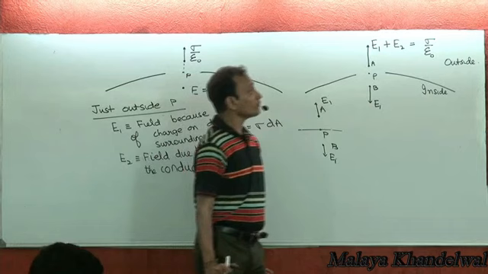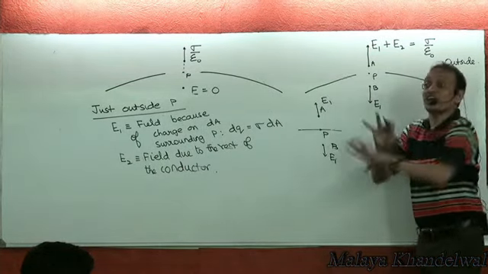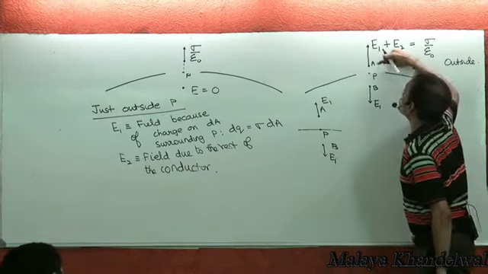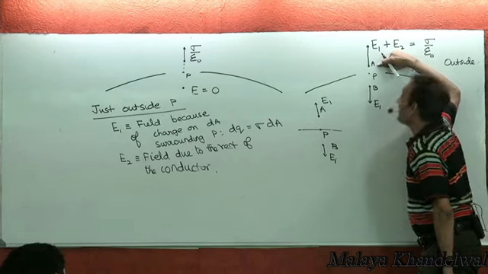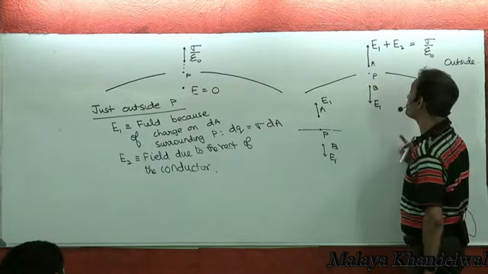Now, as far as the rest of the conductor is concerned, which is very large compared to P, this is the rest of the conductor, which produces at A an electric field E2 upwards, right?